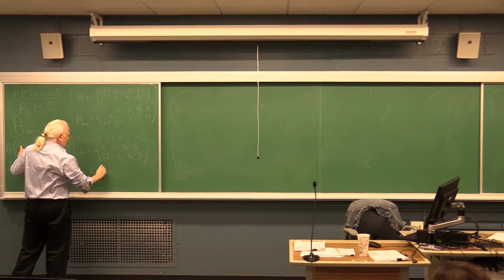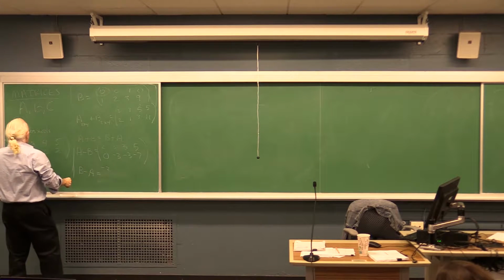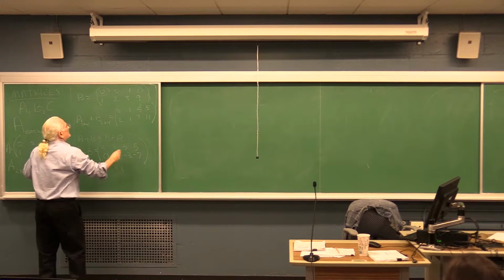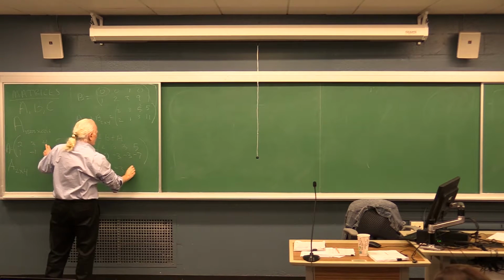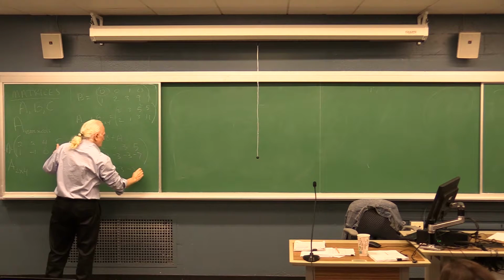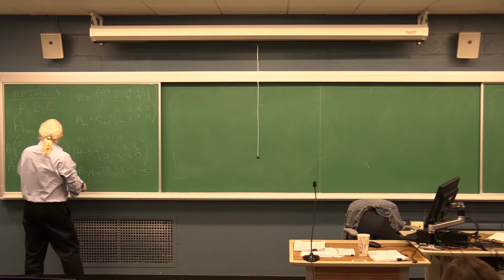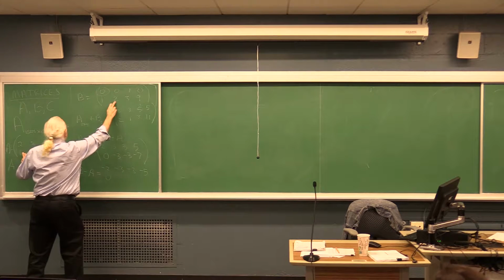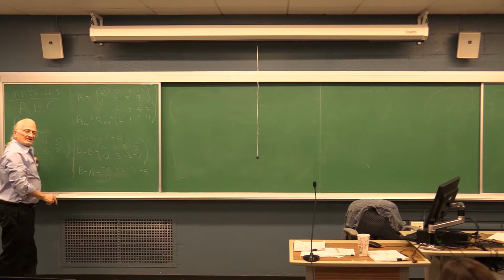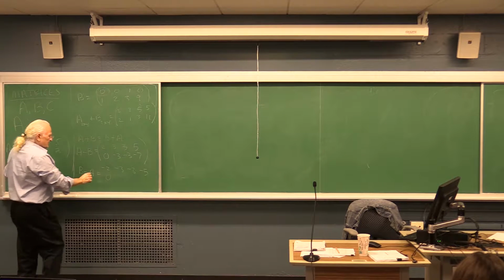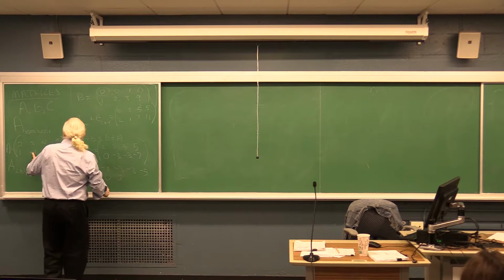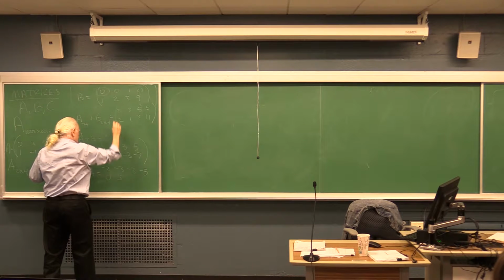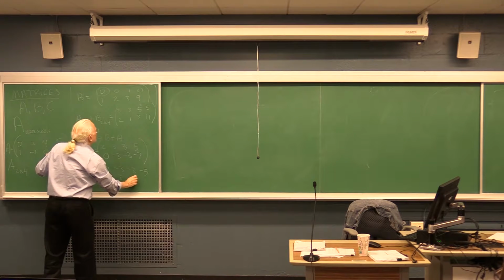B minus A is 0 minus 2, negative 2. 0 minus 3, negative 3. 1 minus 4, negative 3. 0 minus 5, negative 5. 1 minus 1 is 0. 2 minus negative 1, that's 3. 3 minus 0 is 3.